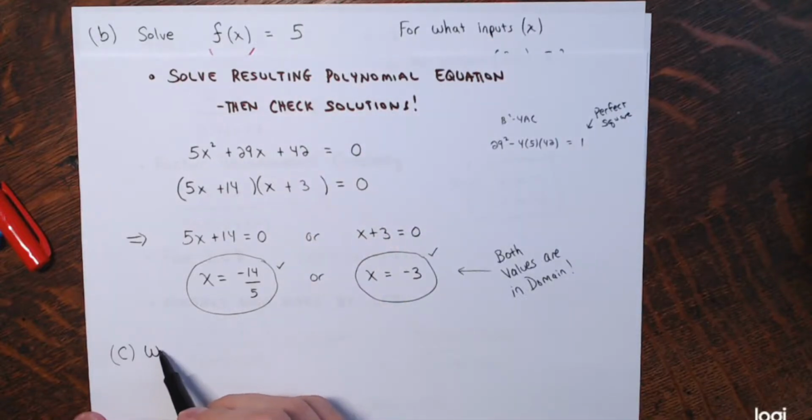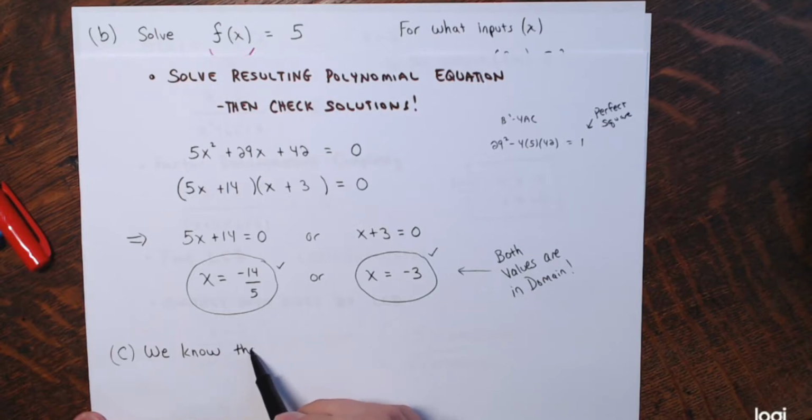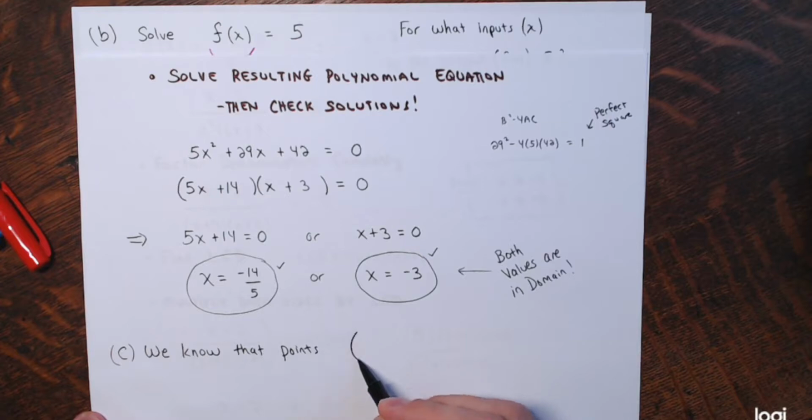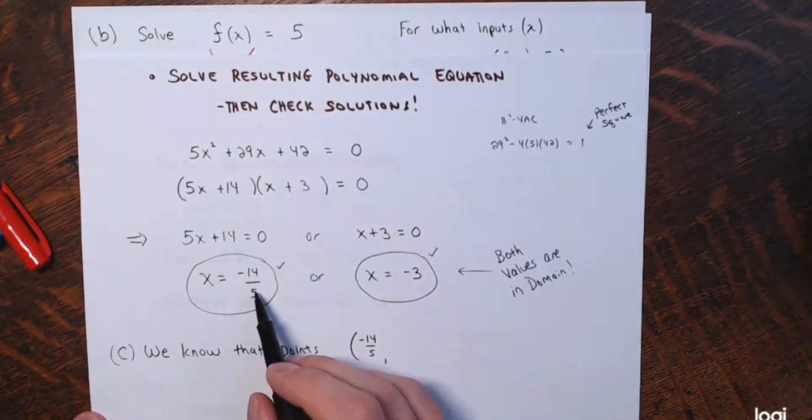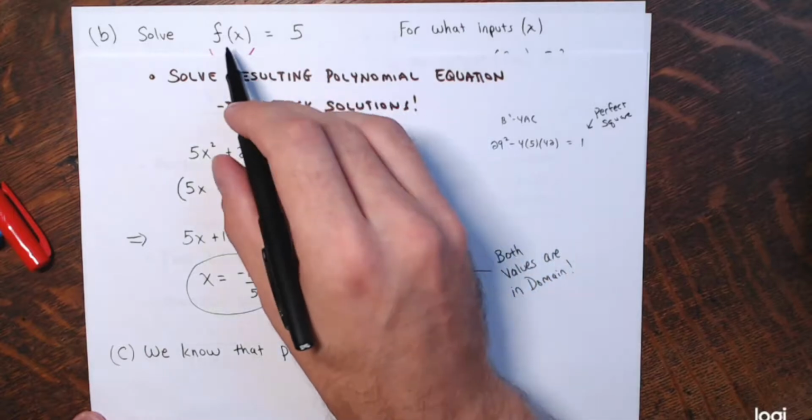Based on part B, we now know that the point with x value -14/5, y value 5 is on the graph. Input -14/5, output is the value of f, that's 5.